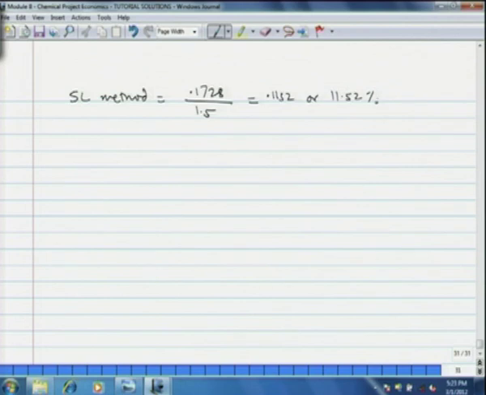Now, here the recovery by straight line method is higher than that of double declining balance. So, as per the norm, we shift to straight line method. So, recovery in the 5th year is 11.52% or 0.1152. Okay.